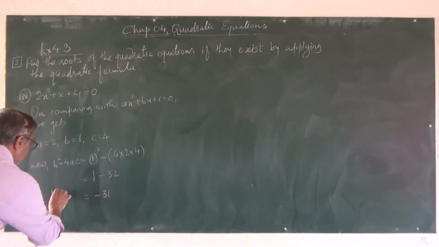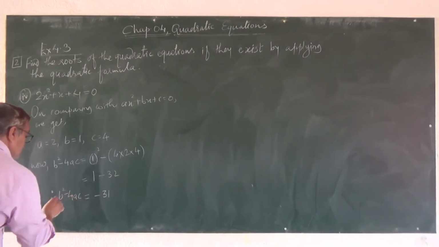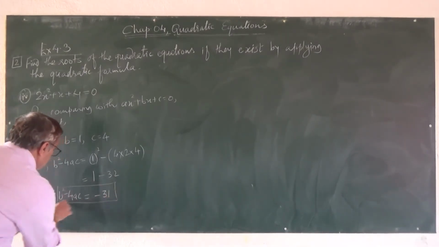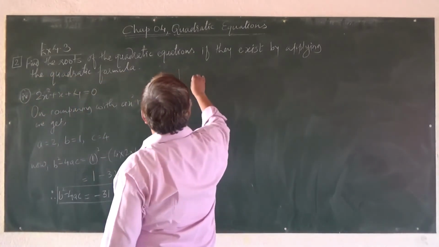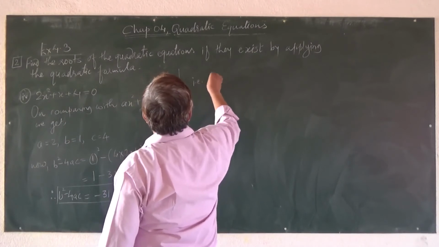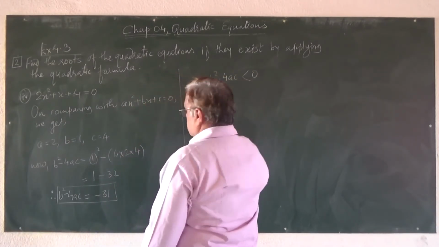So therefore b square minus 4ac is equal to minus 31. What is it? That is, b square minus 4ac is less than 0.